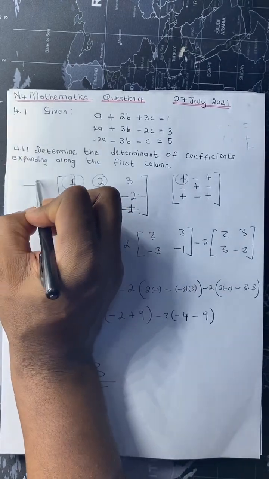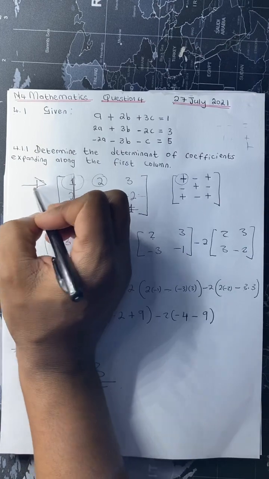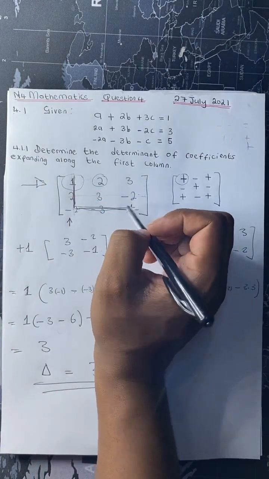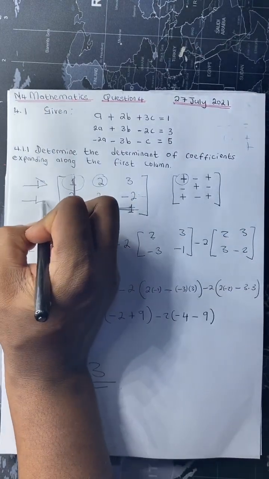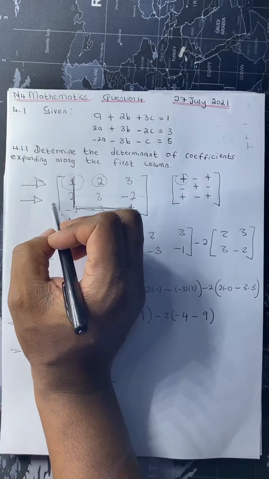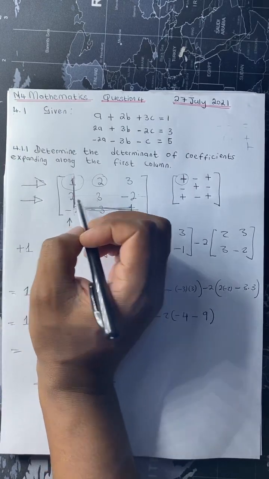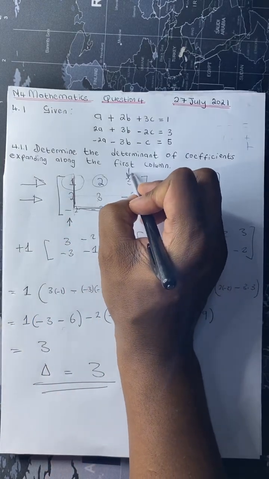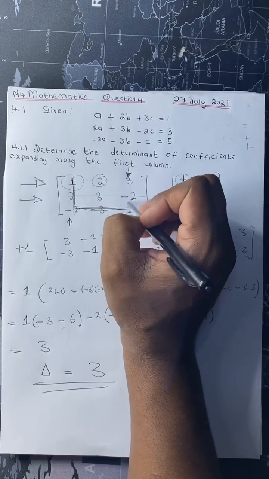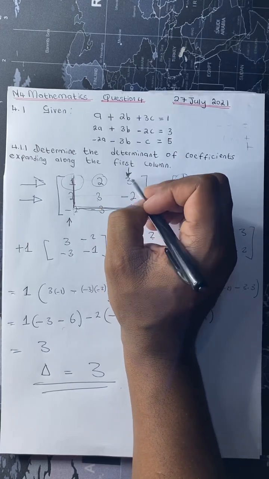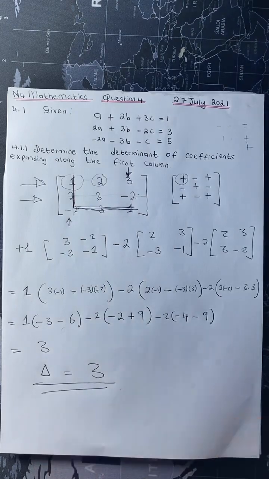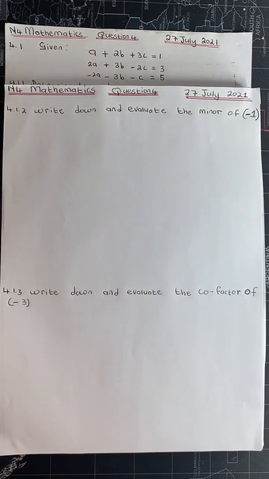Even if we expanded along the first row, we were going to get 3, or if we expand across the second row, we get 3, or expanding along the last column will also yield 3.